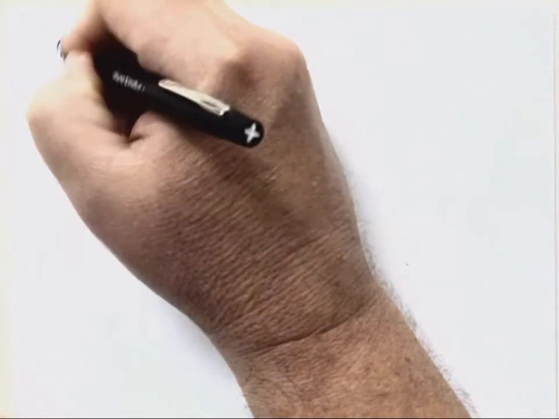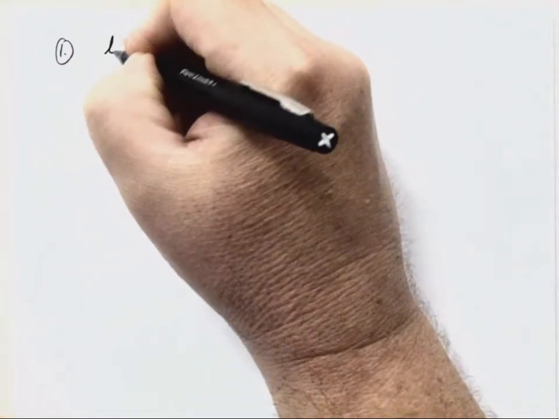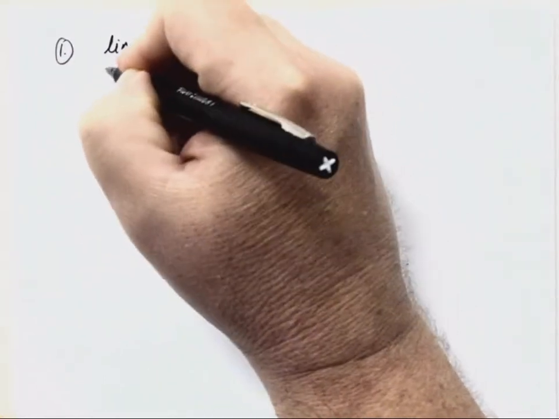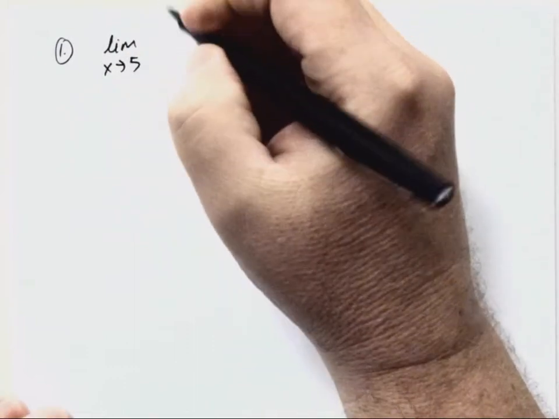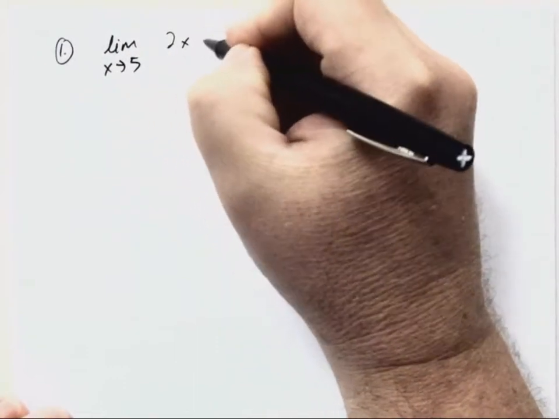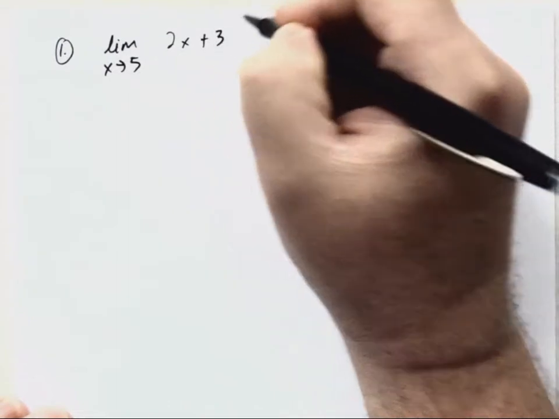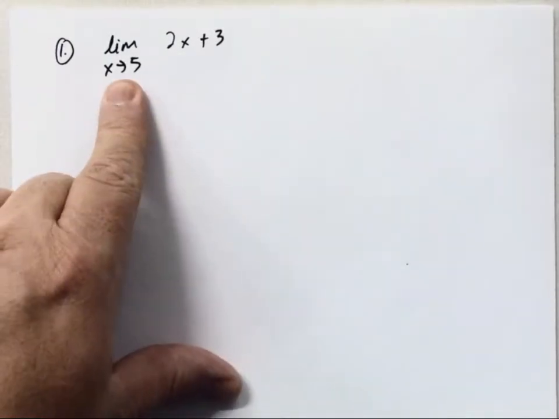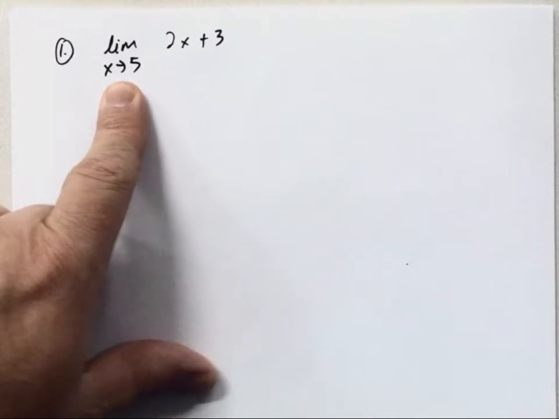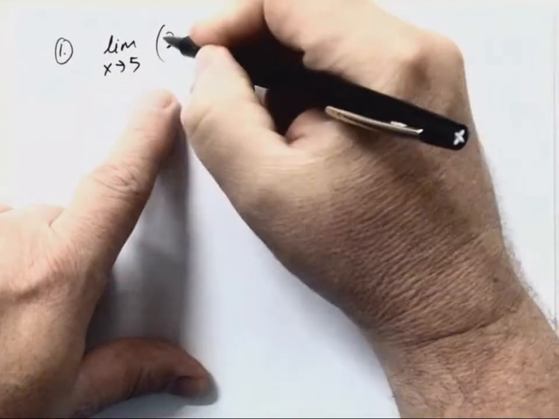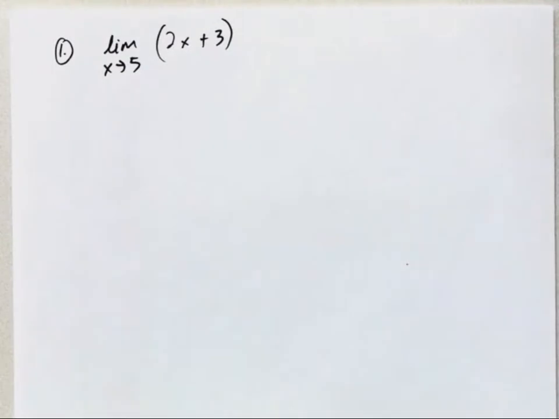Let me write down the 4 I'm going to do in a minute. First, I'm asked to find the limit as x approaches 5 of this function, 2x plus 3.